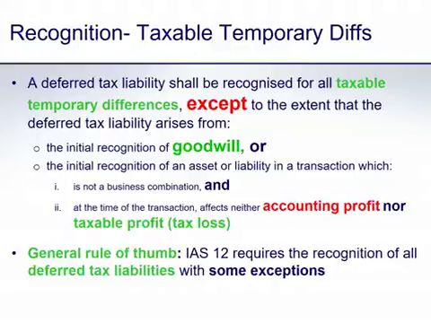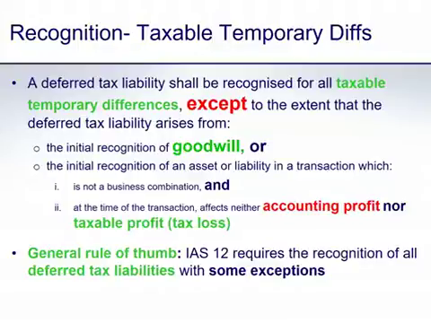The first relates to the initial recognition of goodwill. And the second is a little bit more general, and that refers to a scenario where a taxable temporary difference arises from the initial recognition of an asset or liability in a transaction which is not a business combination and at the time of the transaction has no impact on accounting profit or tax profit or loss.